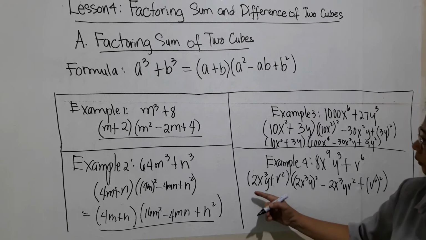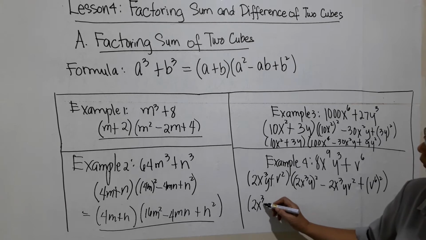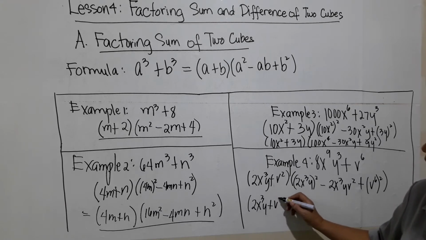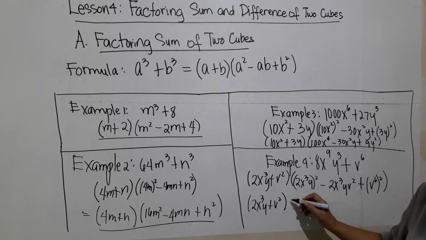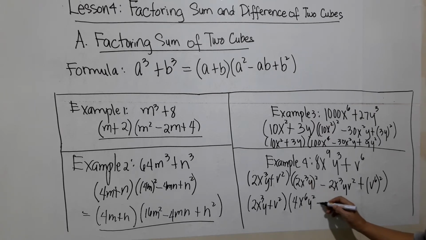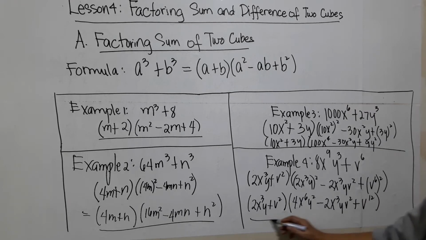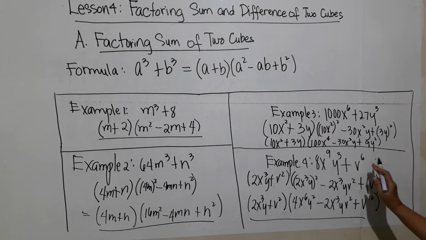So therefore, we copy the factors here because we have still other terms to be simplified. So we have now 2 raised to 2 is 4, x to the 6 y squared minus 2x cubed y v squared plus v to the 12. So these are the factors of this sum.